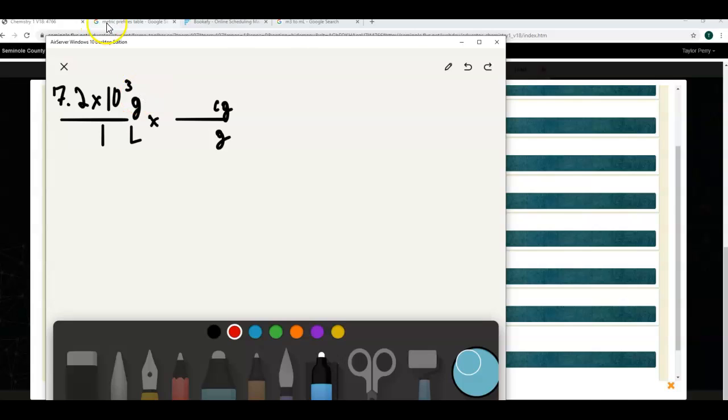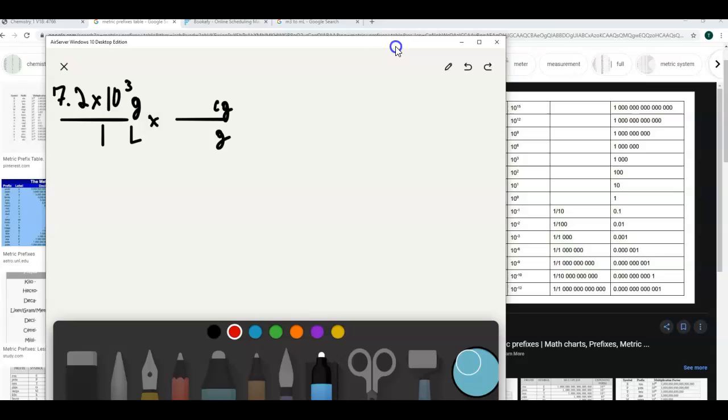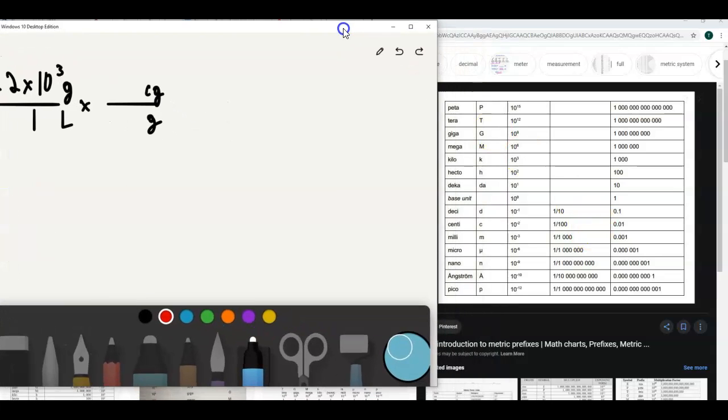Okay, and we go to our metric prefixes table. And it looks like grams and centigrams. So centigrams, again, this will tell us how much of the base unit is in the prefix. So this is telling me that there are 0.01 grams in a centigram. Okay, there are 0.01 grams in a single centigram.